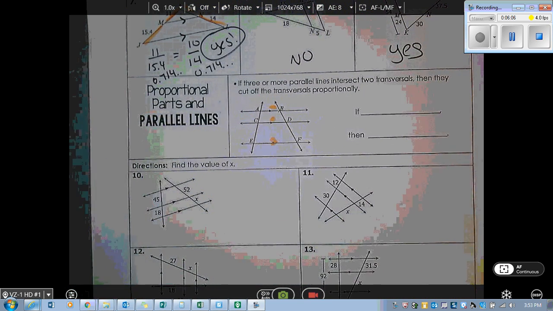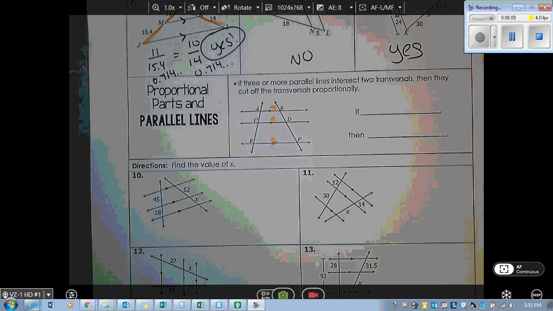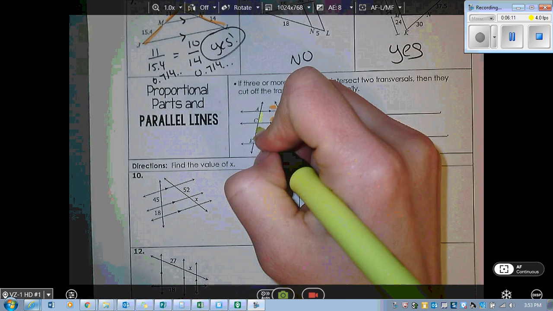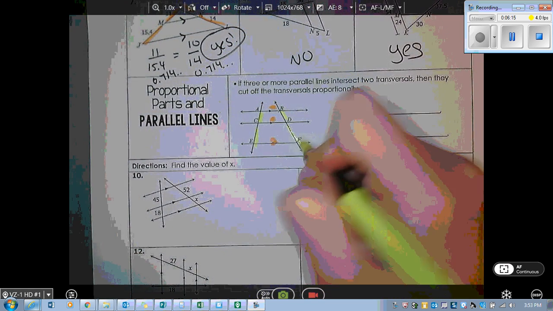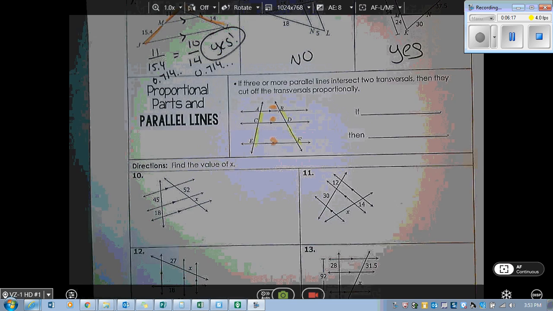So again, we're going to say that AC to CE is proportional to BD to DF. So those are going to be proportional.